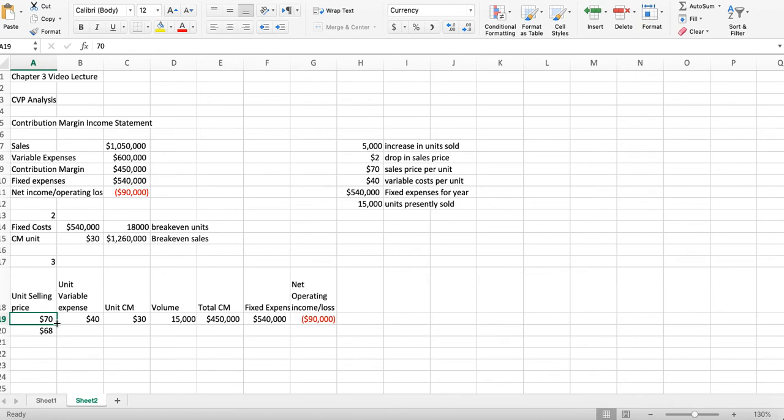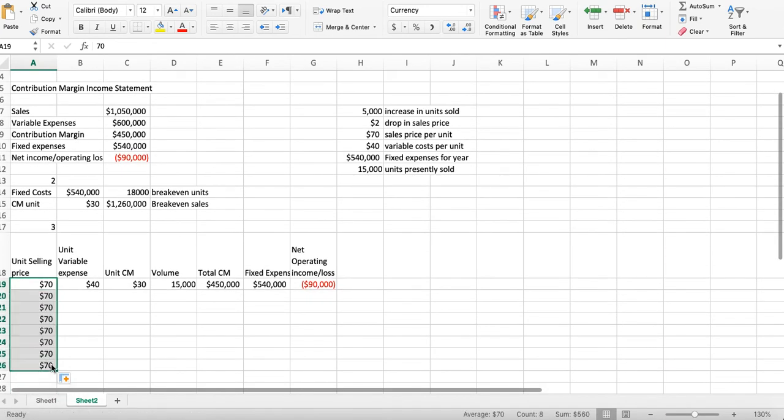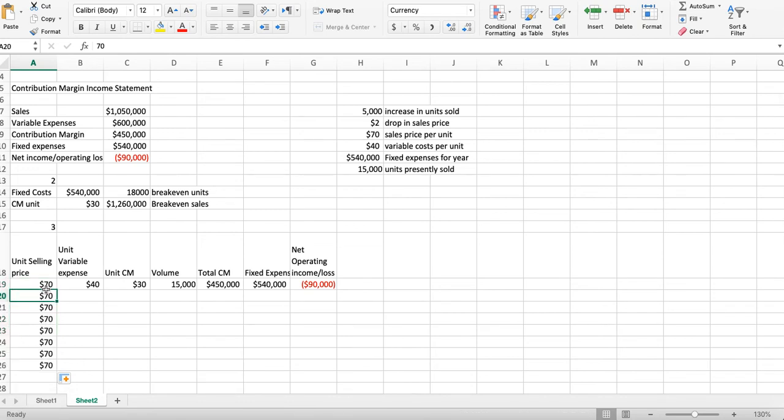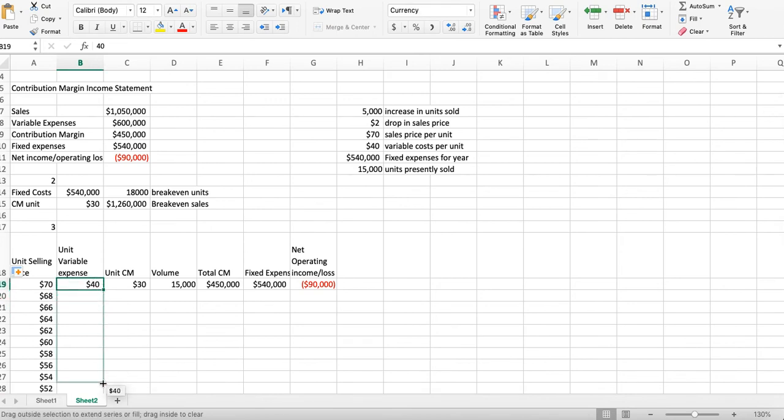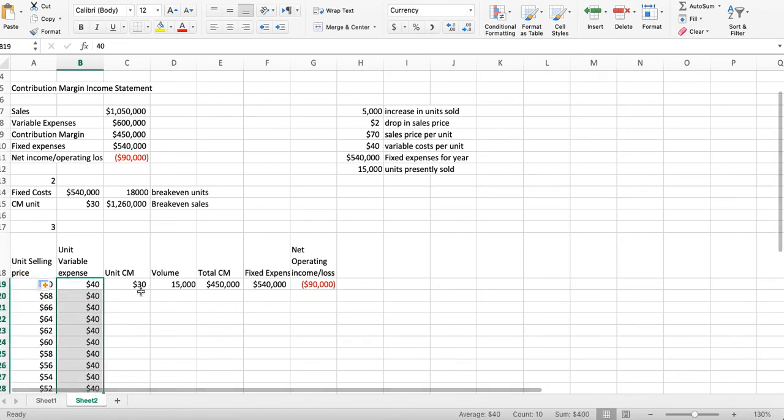Hopefully you're starting to see the pattern there, and they tell us with a $2 drop. So I'm going to go from 70. Oh, I didn't see my pattern. Hang on. I'm going to go ahead and go down to 52. Unit variable cost doesn't change.